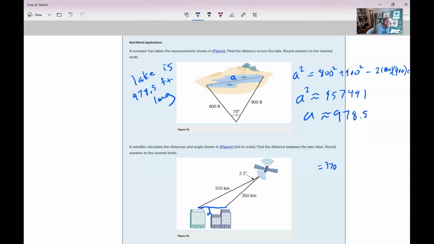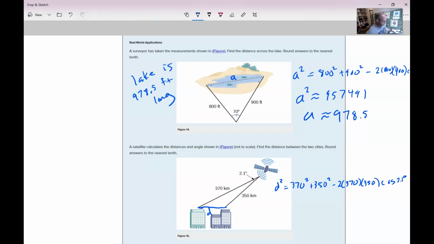I'm going to make a little more room. We'll go D squared has to be equal to 370 squared plus 350 squared minus 2 times 370 times 350 times cosine of 2.1 degrees.